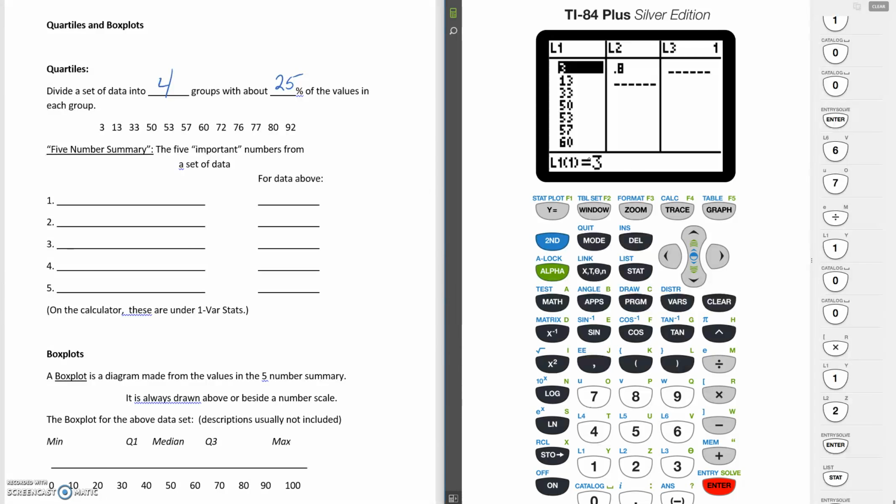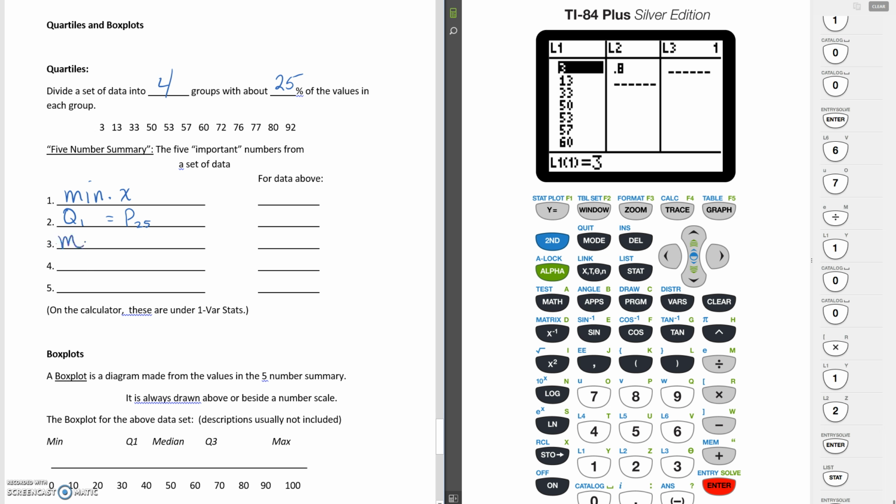Now, whenever you're asked for the 5-number summary of a data set, it includes these 5 numbers. The minimum value, the minimum X, the first quartile. Now that's the same as the 25th percentile. So a quarter in, what's the data value?